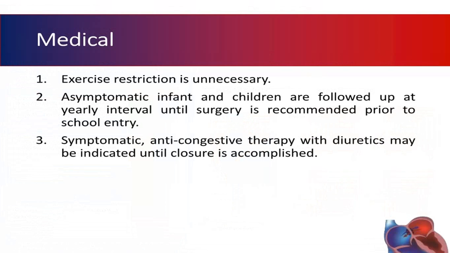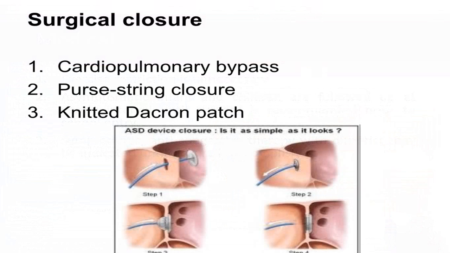So that is the best way. Medical, we have told you, exercise restriction, treatment of congestive cardiac failure, diuretics, inotropic drugs, etc. will be useful. Treatment of atrial flutter fibrillation, thromboembolism, infective endocarditis will be what we call pharmacological treatment.